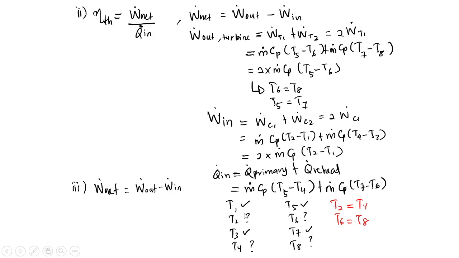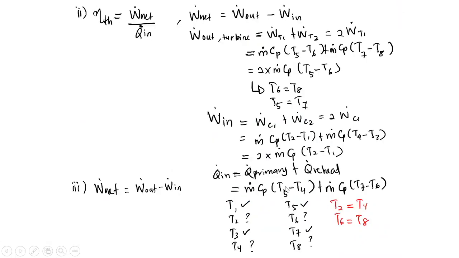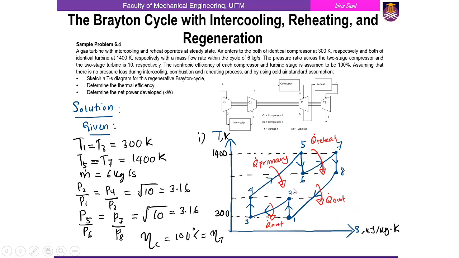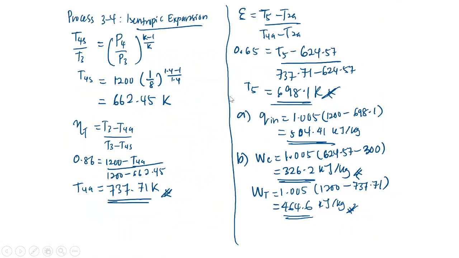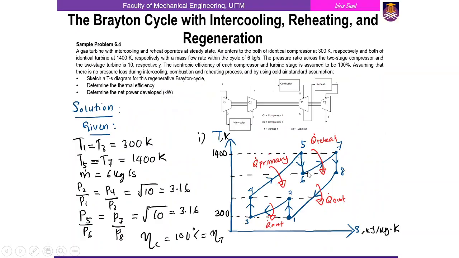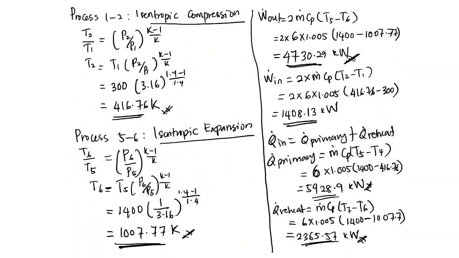From this equation we can calculate T5, and also T6, using this equation for isentropic compression. So substitute in this general equation, and we can get the figures. Okay, so these are your answers. All right.